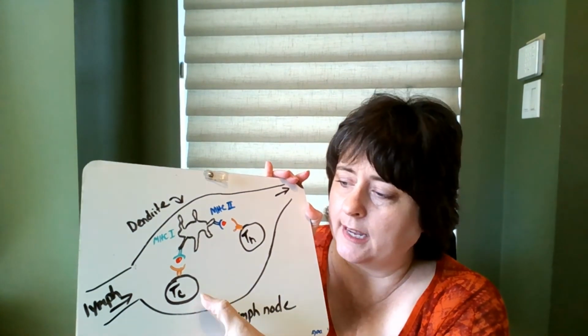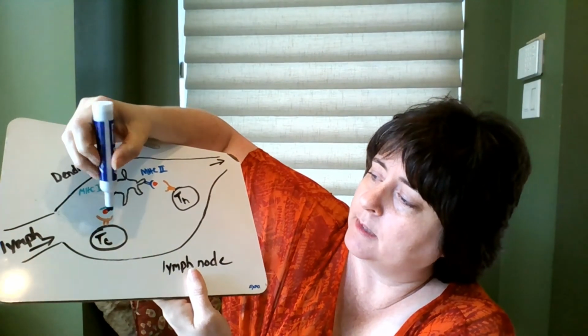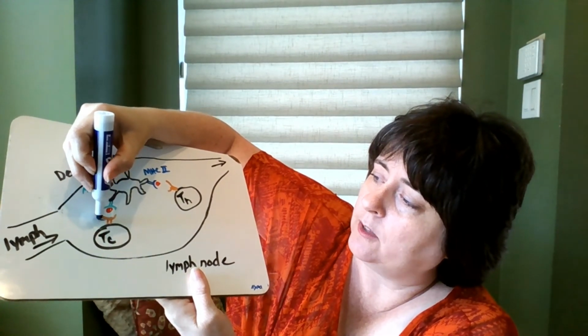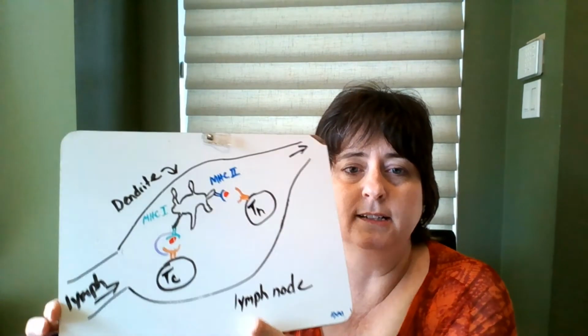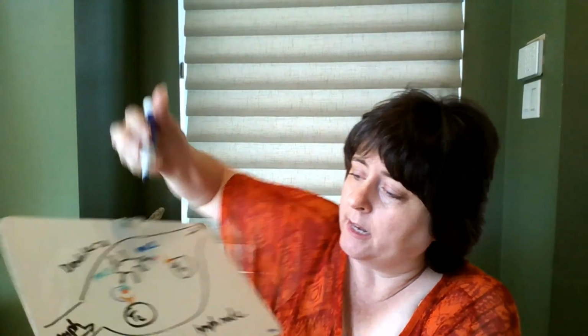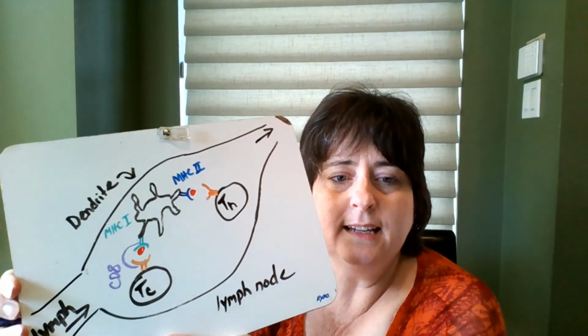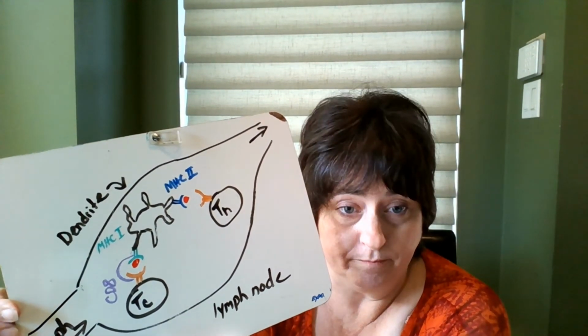Now, cytotoxic T cells, remember, have CD8. That CD8 needs to bind to MHC. Remember when we talked about cytotoxic T cells, not only do they bind the antigen, but they bind that MHC molecule. So this also has to happen. Now remember, this is CD8, and CD8 is capable of binding to MHC1.